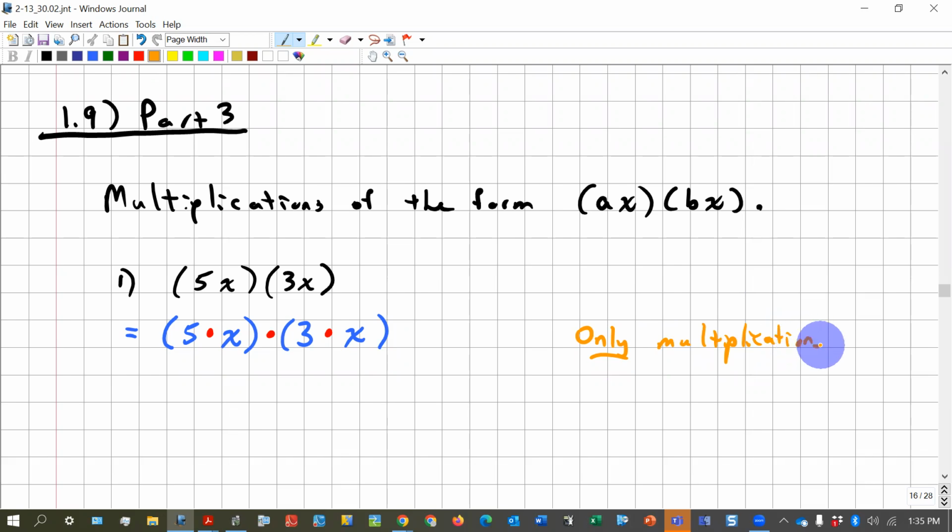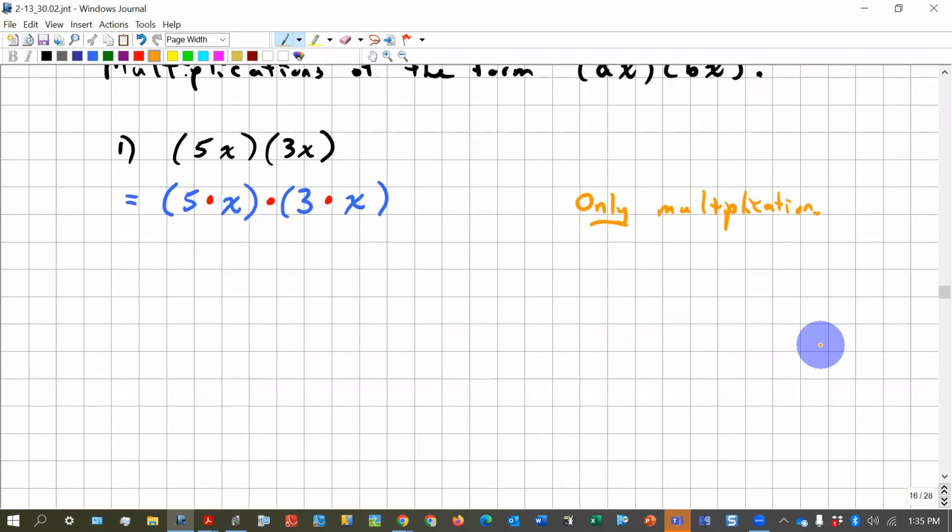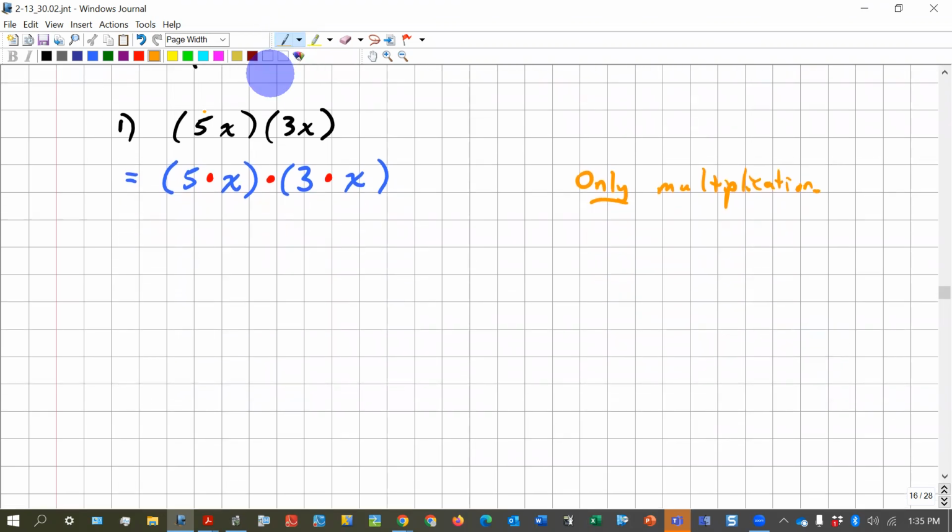There's only multiplication. There's no addition or subtraction. If we want to multiply 4 things together, we don't need parentheses to tell us which to multiply first, because multiplication is nice.